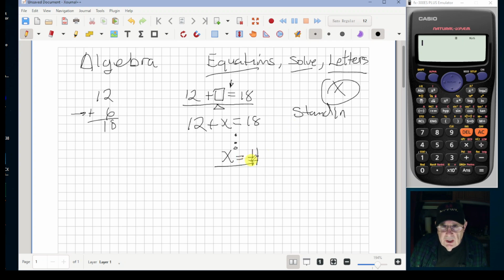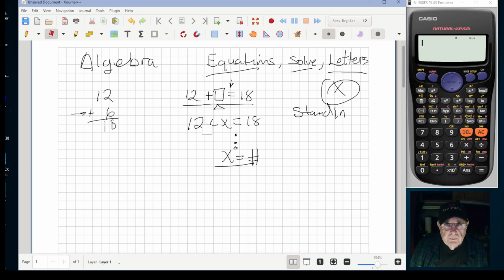It tells us the number that X is standing in for. Now we have a pretty good idea that it's going to be 6 because we've worked this, and you don't need any algebra to understand some addition facts here since this is a pretty simple problem. I can get 18 if I add 6 to 12.